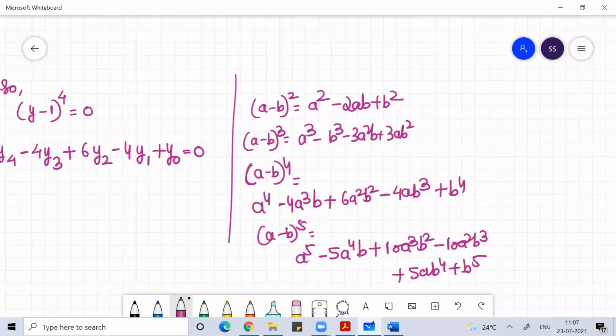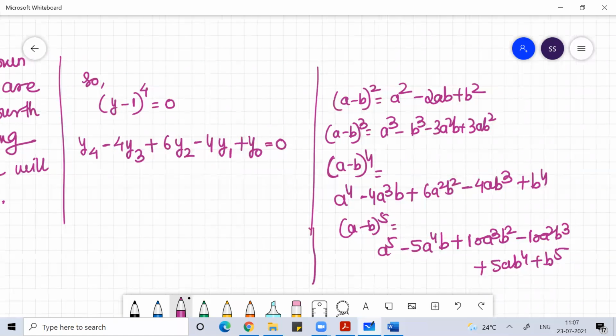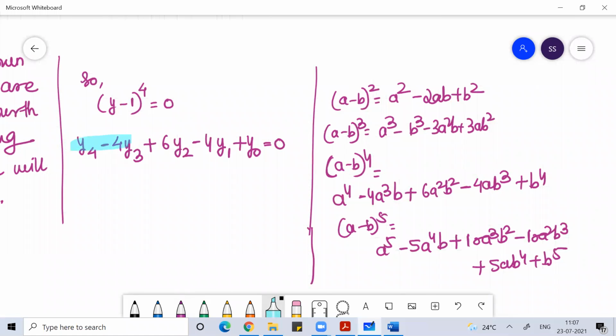So the same logic I used here, the same thing I used here. Anyone, any doubt?